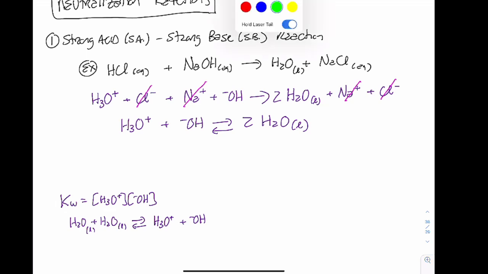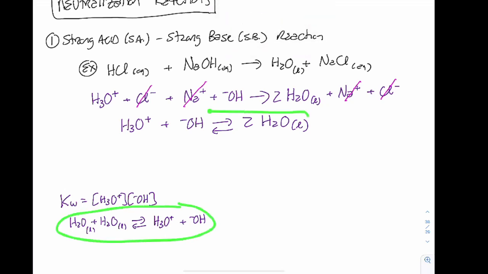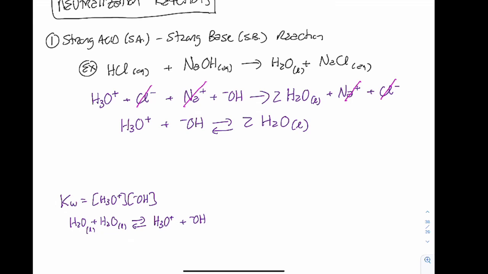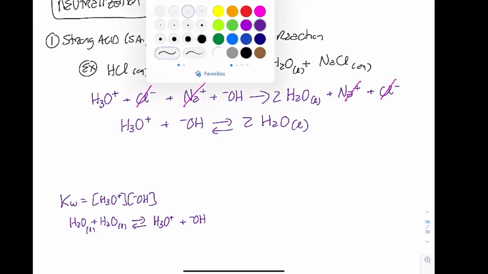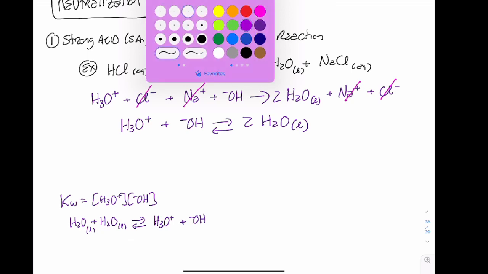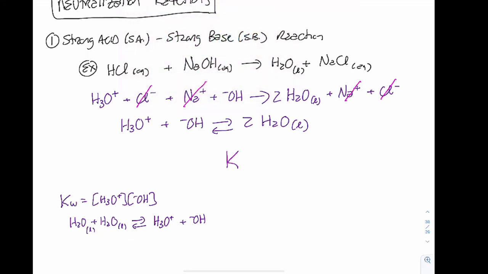If we were to compare now this, right, to this, all I'm doing is I'm swapping my reactants in my product side. So now if I was to actually write an equilibrium constant expression for this, we'll just call it K for now. I'm actually just going to have 1 on the top, right?